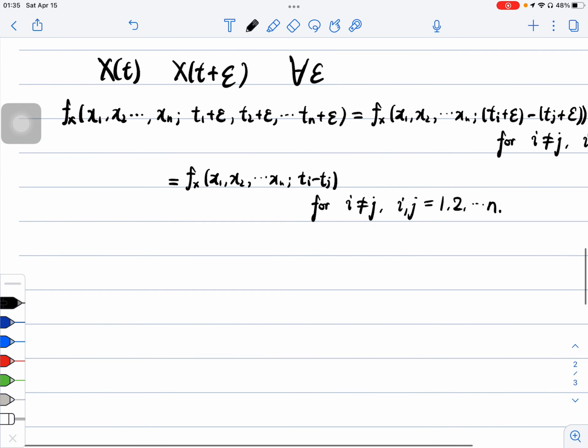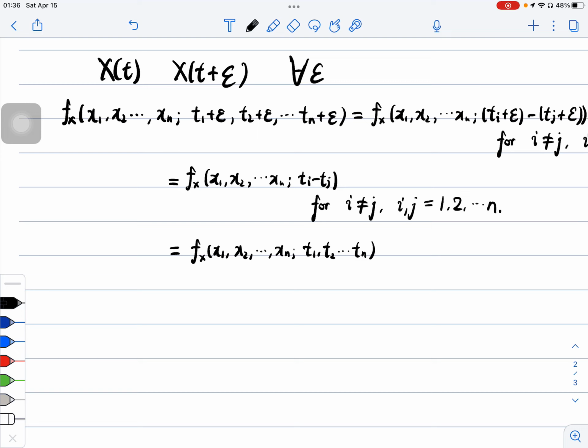So this is just from t1 to tn. Okay, so the definition of strict sense stationary is satisfied.